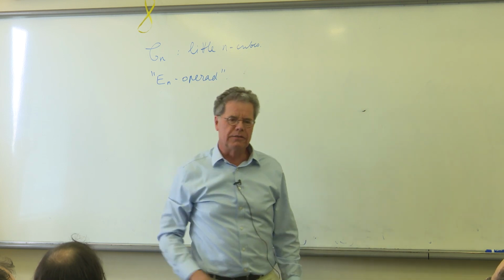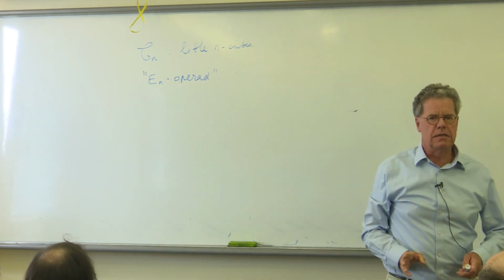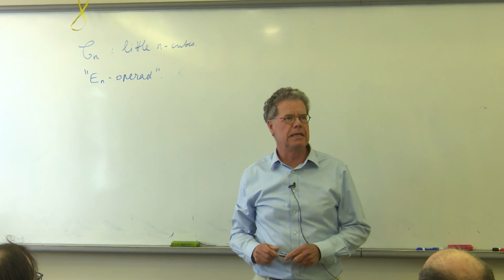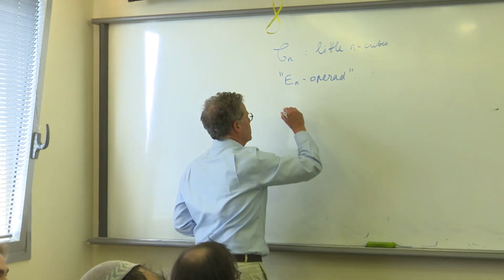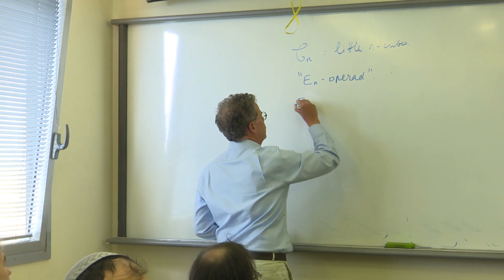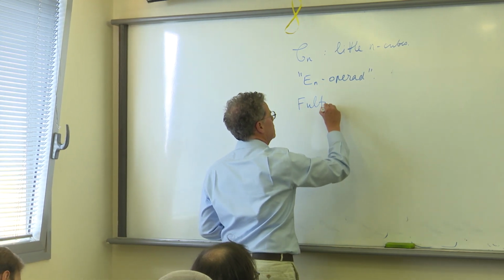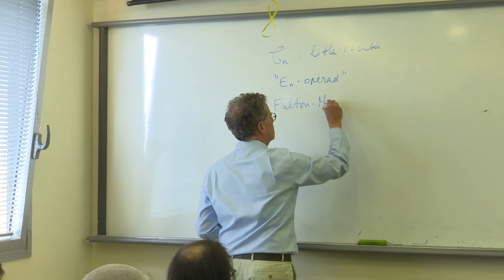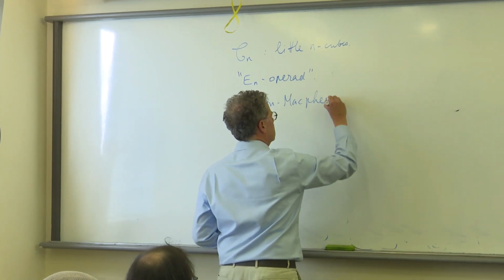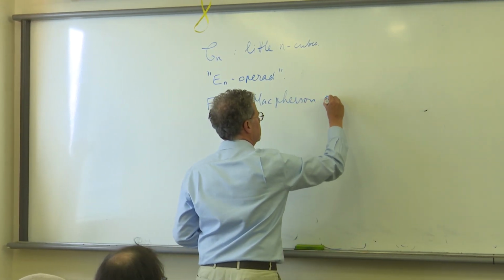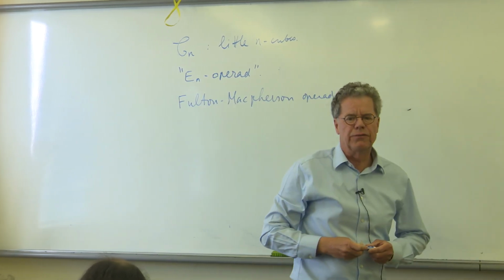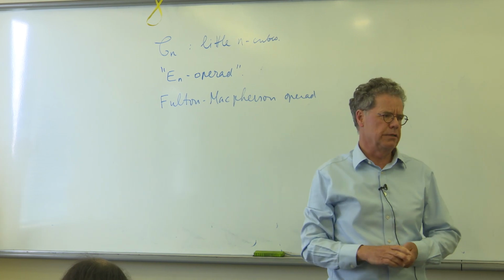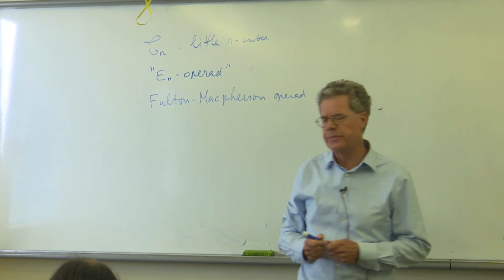But the interesting thing is that these En operads come in many guises. So I will mention a few examples. There is the Fulton-McPherson operad, which is a specific compactification of configuration space, and is extremely geometric in nature.